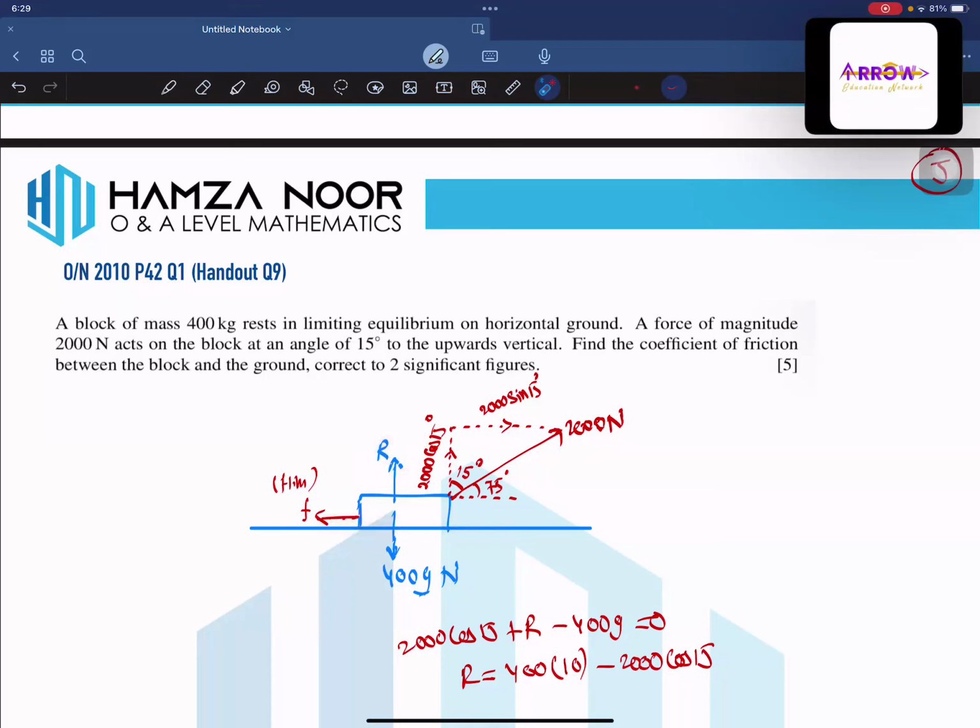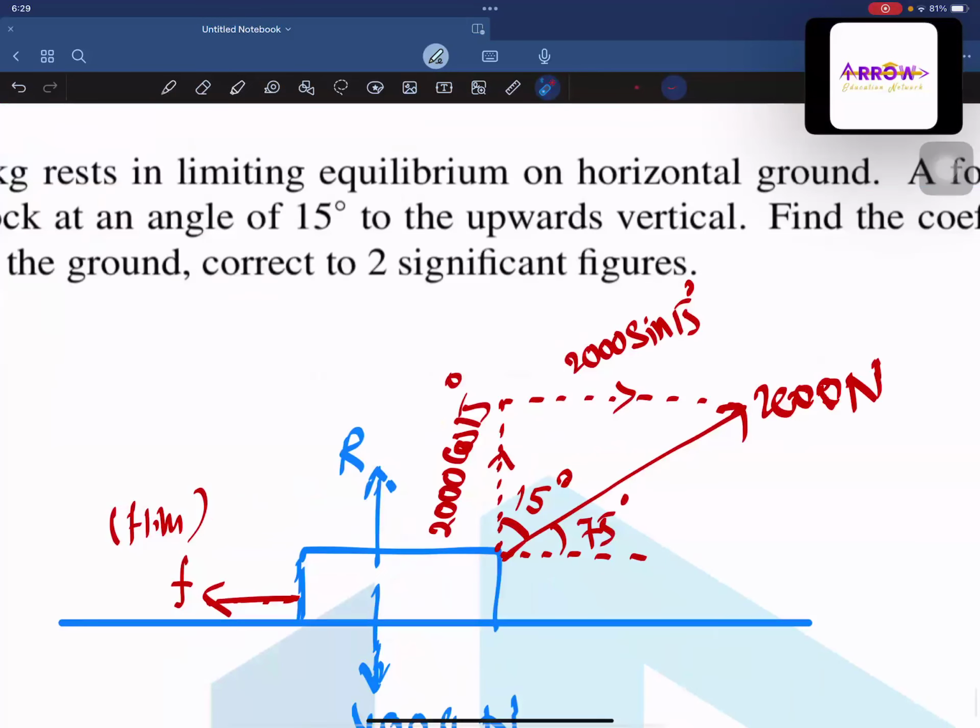The force of magnitude 2000 Newton acts on the block at an angle of 15 degrees to the vertical. So you can also say the angle with the horizontal is 75 degrees.